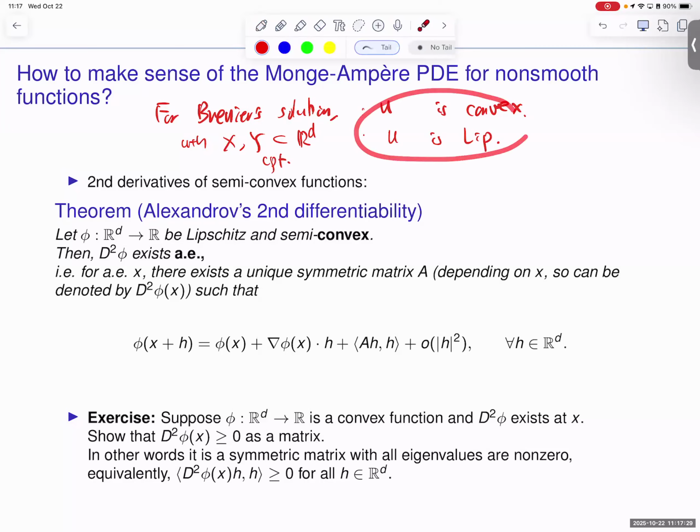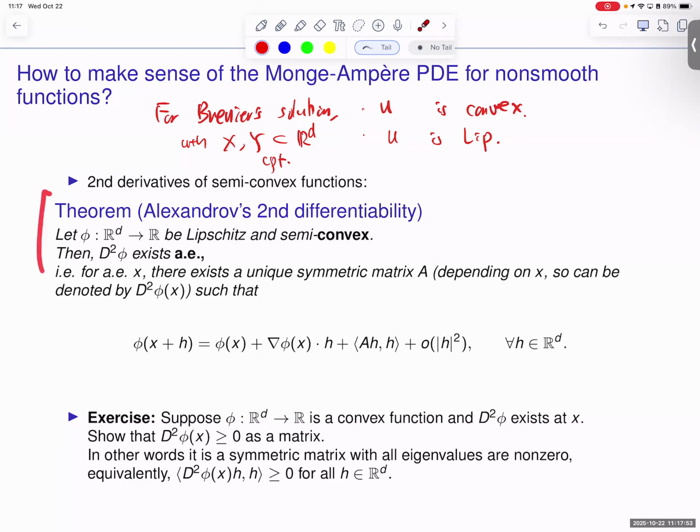So the function u is at least differentiable in the first order, almost everywhere. But now to consider the Monge-Ampère equation, you need a second derivative. The first derivative is not enough to write down the Monge-Ampère equation. So you need some kind of second-order differentiability for the function u.